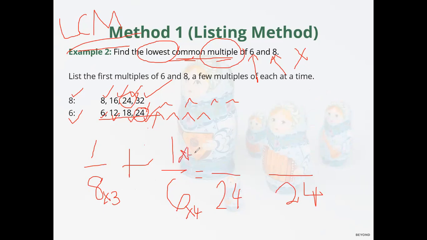So multiply the number on top by 3, and this becomes 3 over 24 plus 4 over 24. The answer would be 7 over 24. Do you see that? The common multiple that crosses 8 and 6. Do you understand?